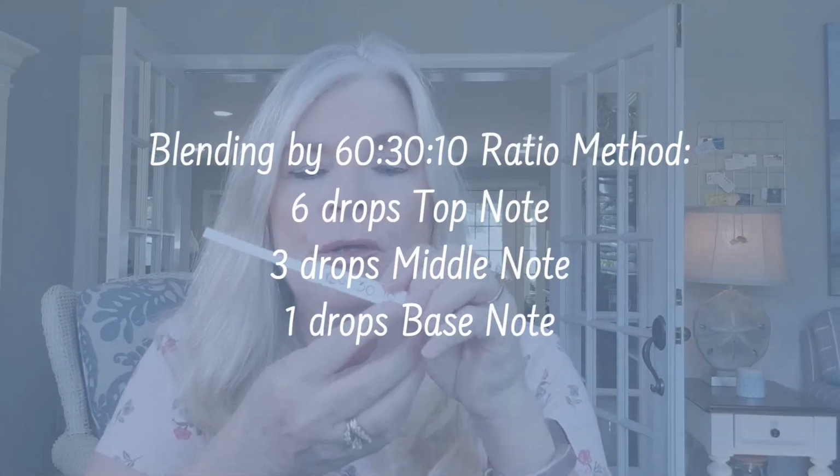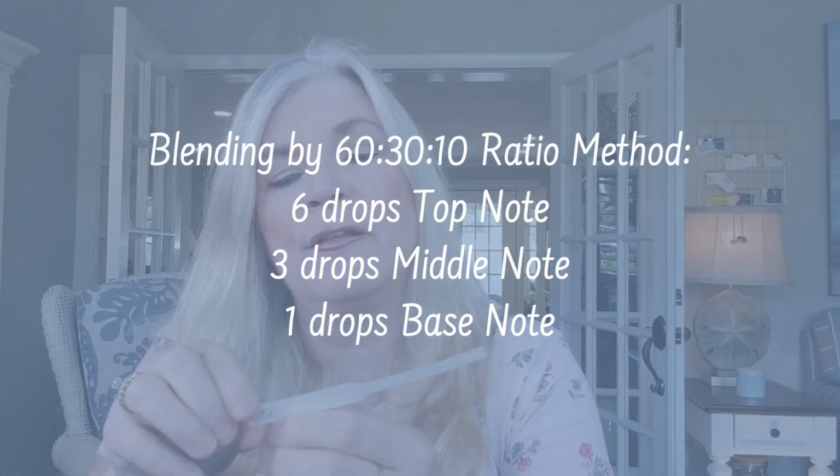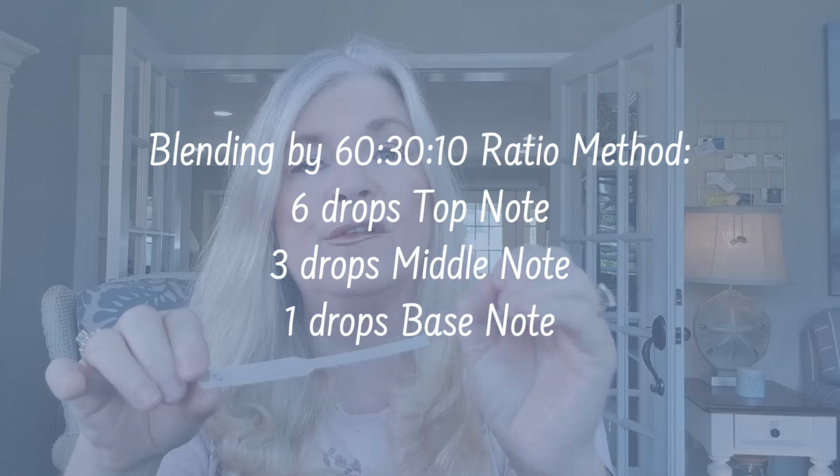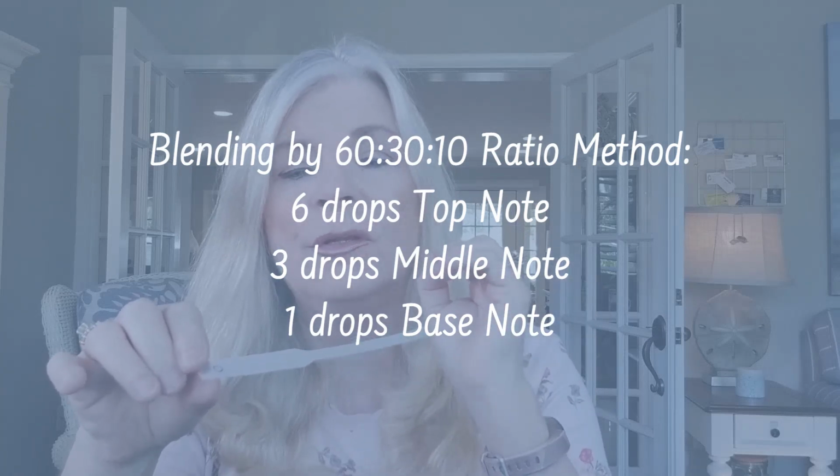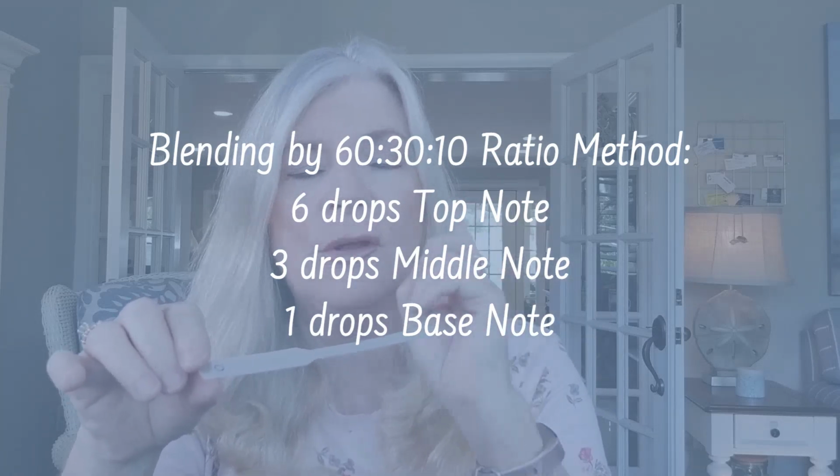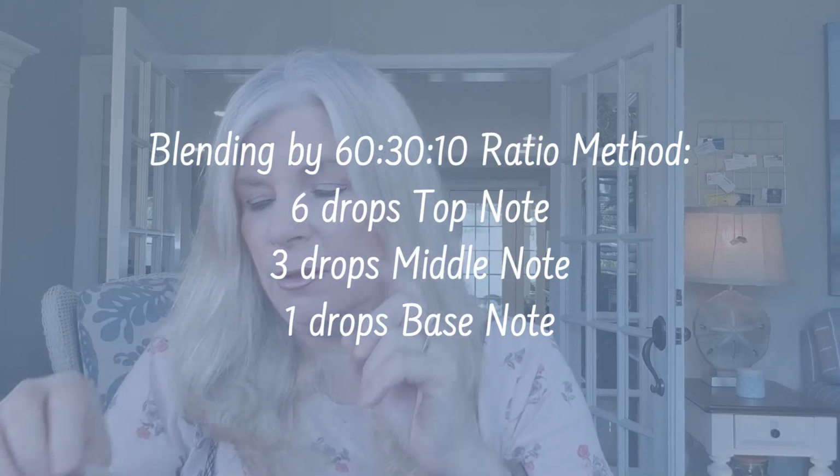And now we're going to do our third ratio, which is 60, 30, 10. So that means I'm going to do 6 drops of my top note, 3 drops of my middle note, and 1 drop of my base note.